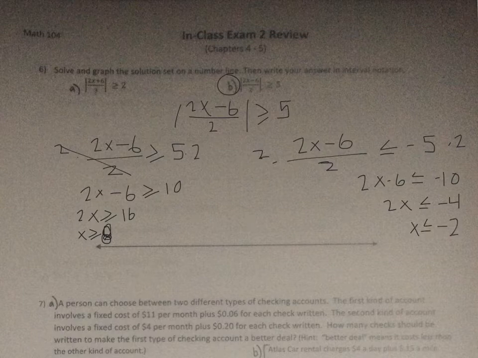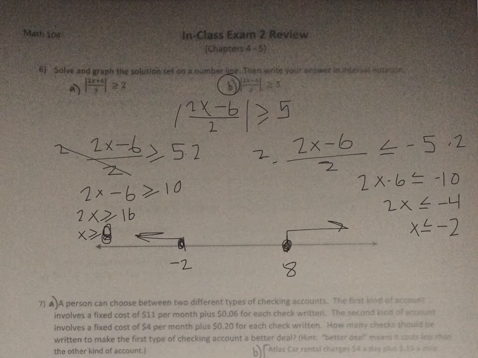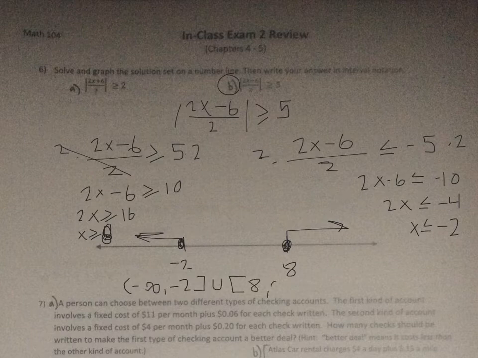If we go ahead and graph that, we have negative 2 with equal to, we're less than, and 8, we are greater than. So there's our graph, and the interval notation here would be negative infinity to negative 2, bracket, union, another bracket, 8 to infinity.